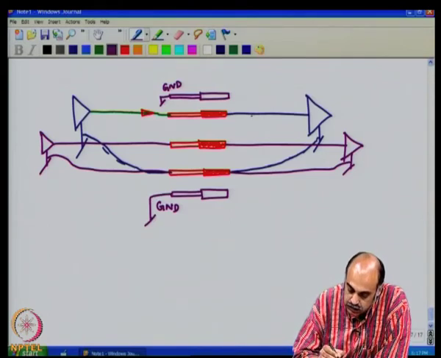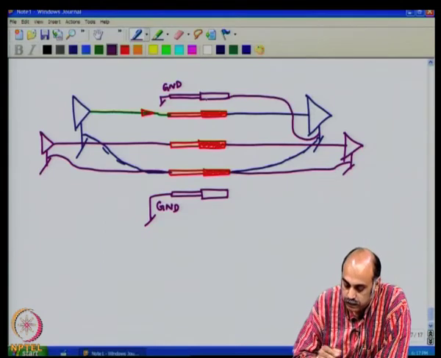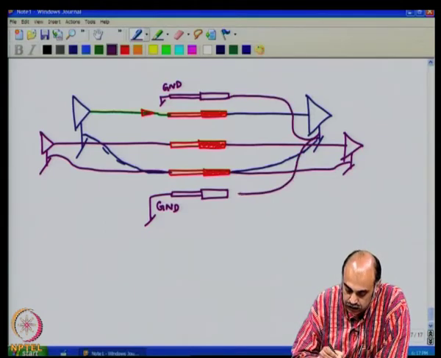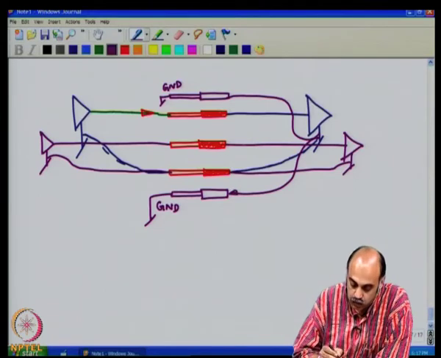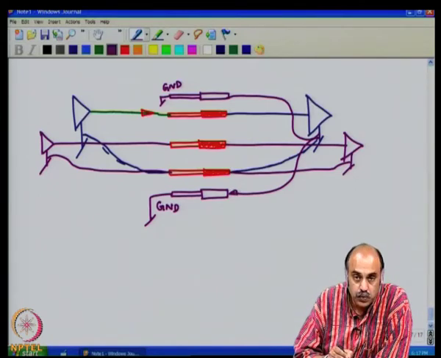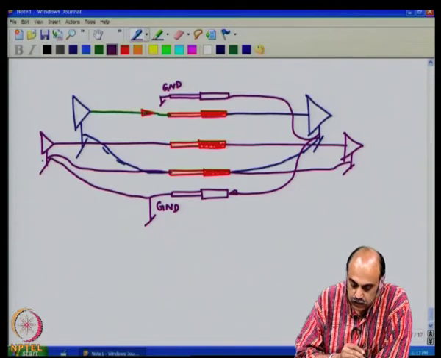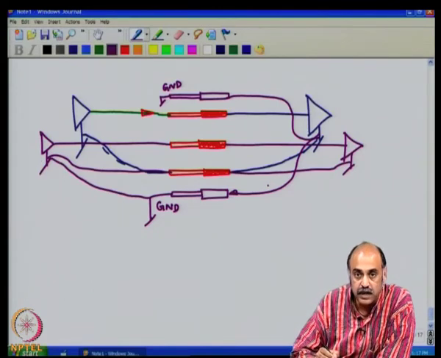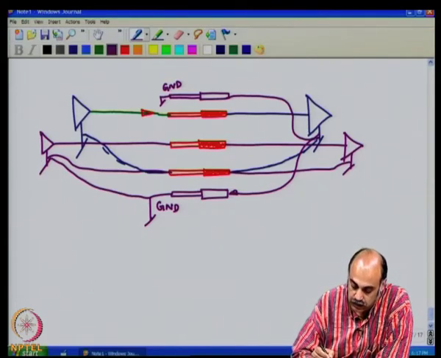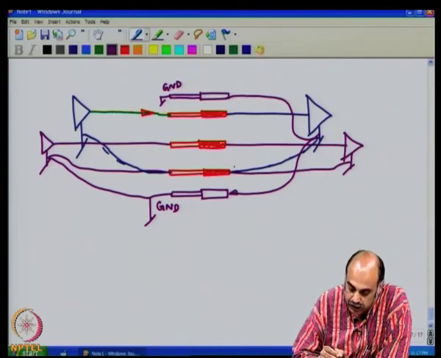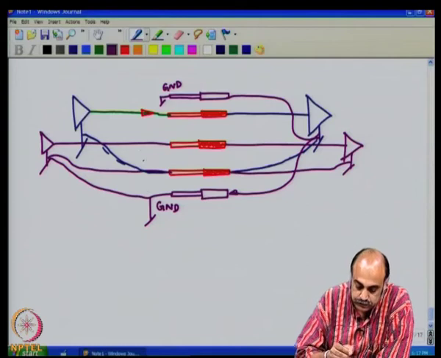So, what happens in the return path, this line is split here and here. So, what returns through this is much lesser than if it was a single ground. So, in the grounds the current gets split and then each of the loop.